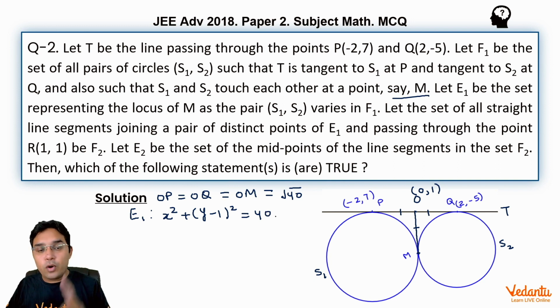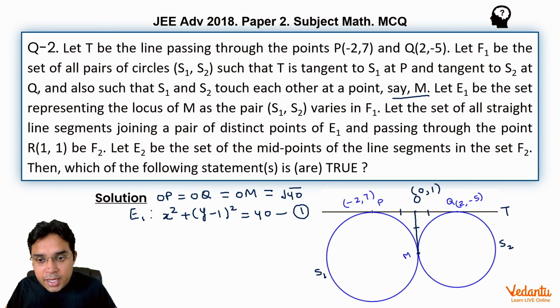But one very important thing to understand here is that if we change all possibilities for S1 and S2, we will not be able to get points P and Q on this equation, which otherwise P and Q are satisfying because the lengths of P from O and of Q from O are the same. Why am I saying so?